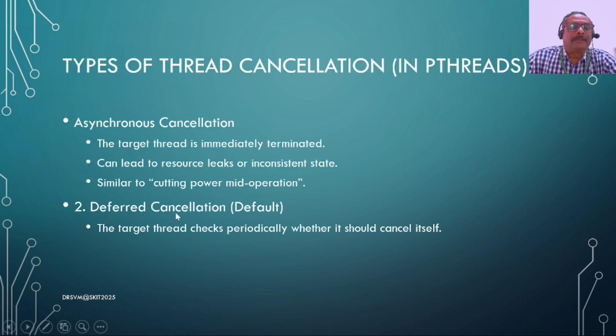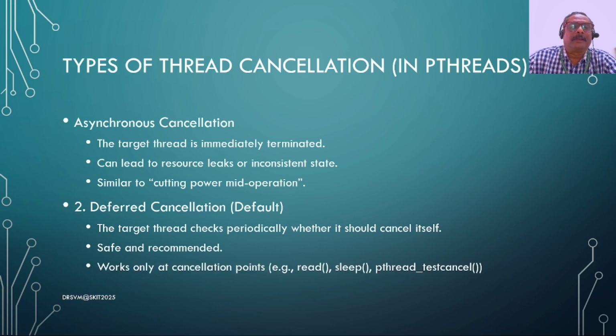There is another one which is called deferred cancellation. Here the target thread checks periodically whether it should cancel itself or not. So if somebody says to cancel, then whatever work it is doing, it will first complete that and then cancel itself. And this one is the safe and the recommended method of cancelling any thread.